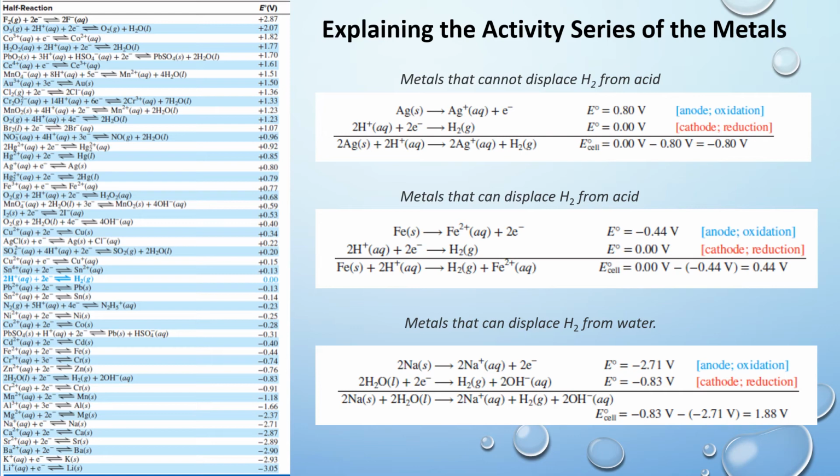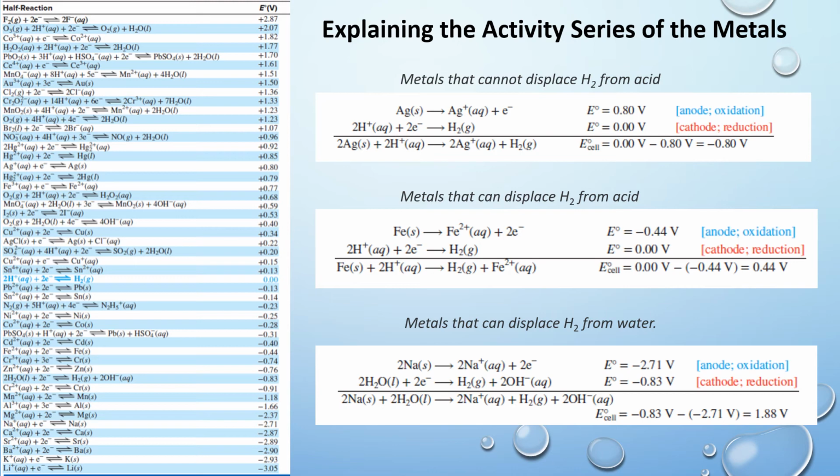But we didn't explain why. We know it's more or less active, but we didn't actually explain why this replacement can happen, or why it is spontaneous. By using the standard half cell potentials in this table, we can actually explain the activity series of the metals.